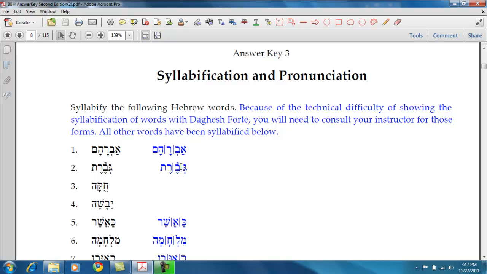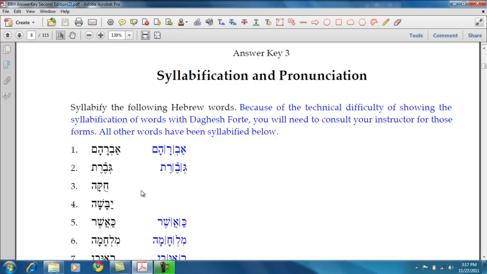And then you have the vet with the segol and a resh with a segol on the top. So you got consonant, vowel, then consonant, vowel, consonant, vowel, consonant. So your third syllable is actually closed. You got two opens and a closed syllable here.